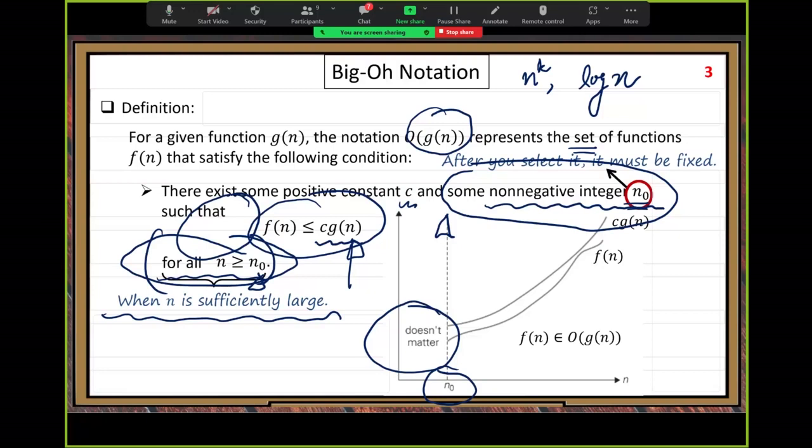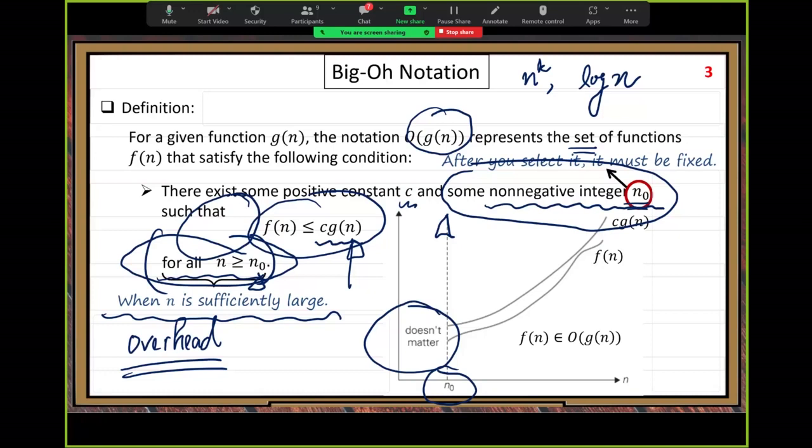We call this the overhead. You spend a certain amount of time on setup.